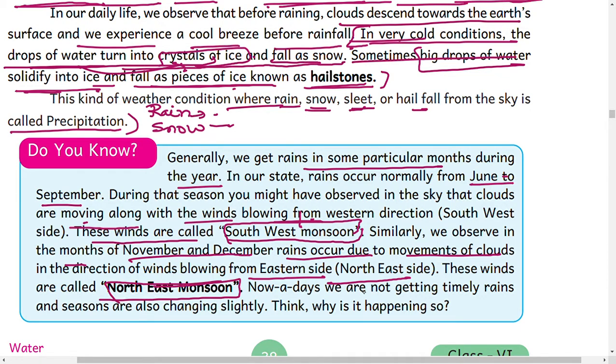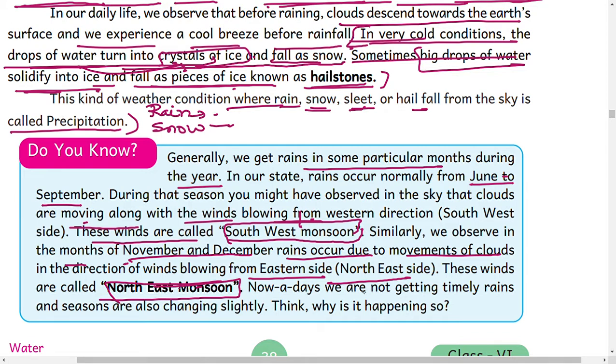The northeast monsoon takes place in November and December. We have two types of monsoon: the southwest monsoon and the northeast monsoon. The southwest monsoon takes place from June to September. The northeast monsoon takes place in November and December.